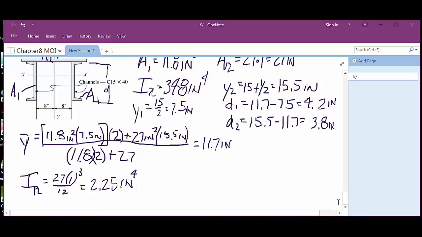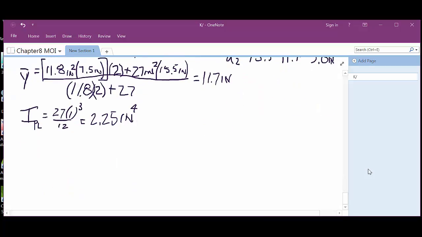Now what? Oh, you're saying that's the next thing we do? So we need the moment of inertia about the x-axis, which is going to be the moment of inertia of each piece, so I plus the area times d squared, and then we do a summation of all those.